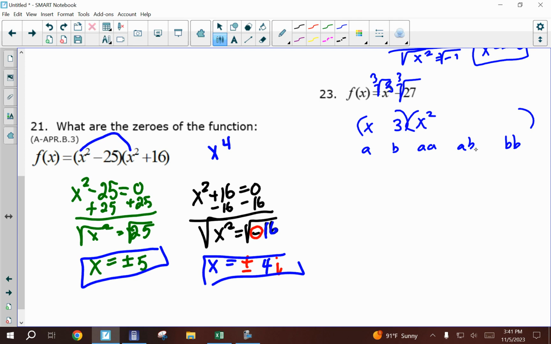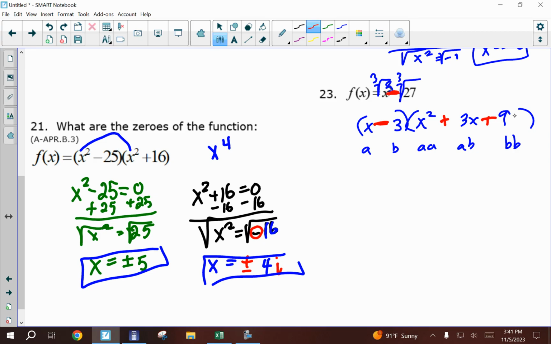And then A times B would be x times 3, so that's going to be 3x. And then B times B would be 3 times 3, so that's going to be 9. And then we use the SOAP acronym. So S stands for the same, O is opposite, and then AP is always positive.